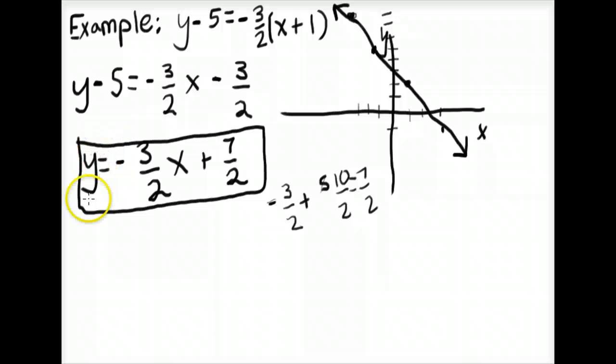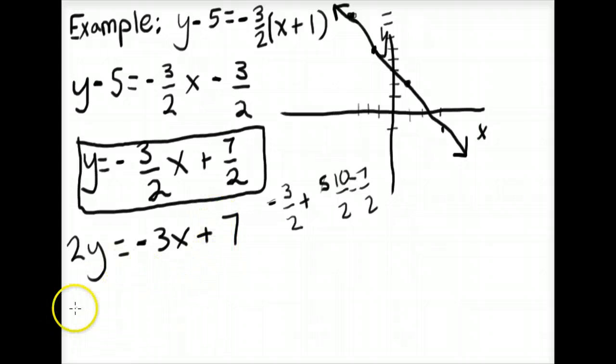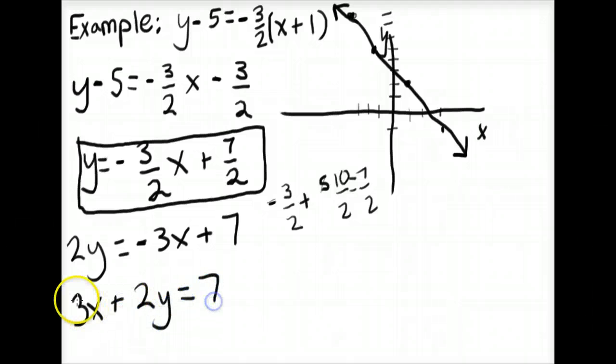We multiply the left side by 2 and get 2y. If we multiply the right side by 2, it distributes, and we get negative 3x plus 7. Then we can just move the 3x over, and we get 3x plus 2y equals 7. That is the equation written in standard form.